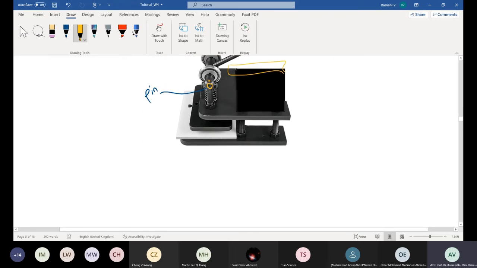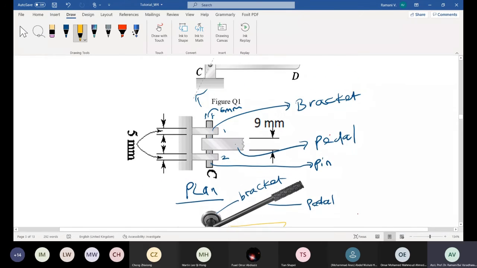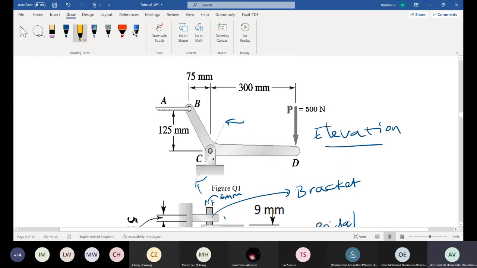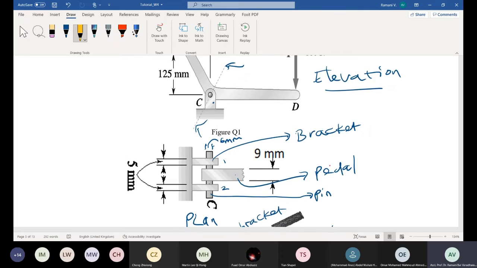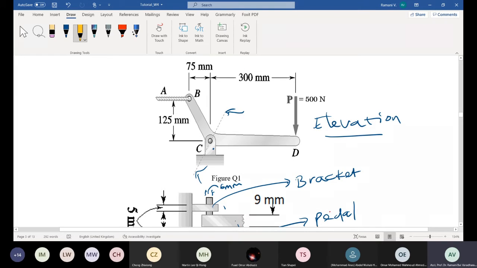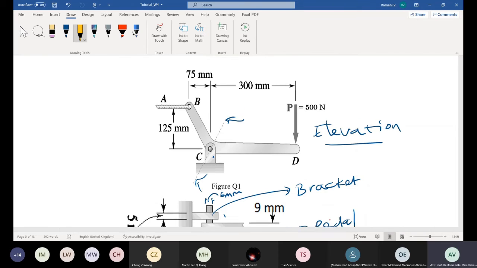Let's understand, and with this understanding, do our calculation. What information is given to you? Diameter of the pin is given, thickness of the bracket is given, thickness of the pedal is given, load is given, right? The unknowns are the stresses. I think there was a question asked.